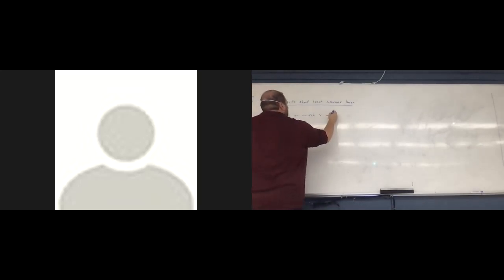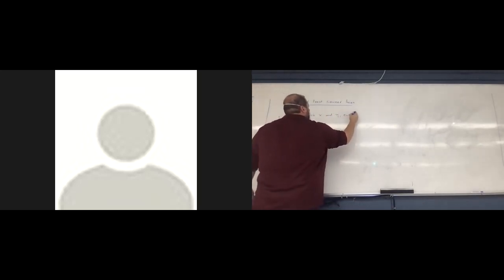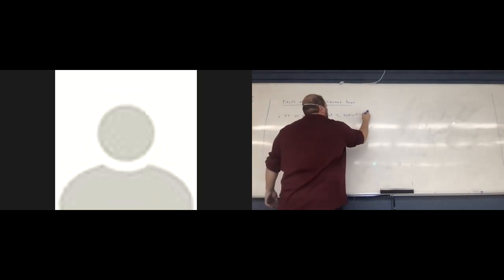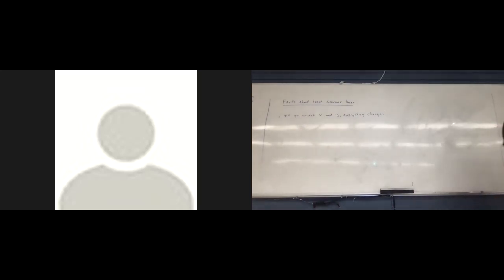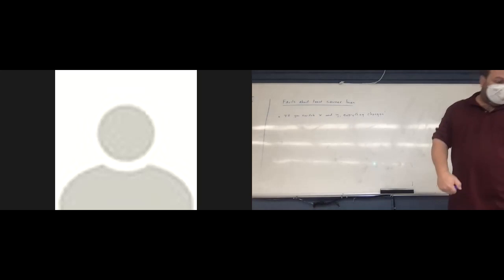One I already mentioned last time: if you switch X and Y, everything changes. And I say that hyperbolically, everything changes. We know the correlation does not change, but the slope changes, the y-intercept changes, what you're predicting changes. Okay, don't switch X and Y.